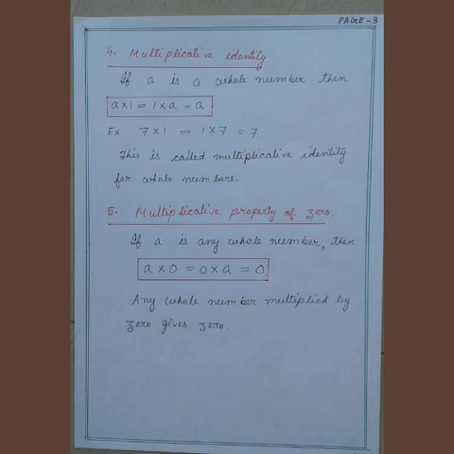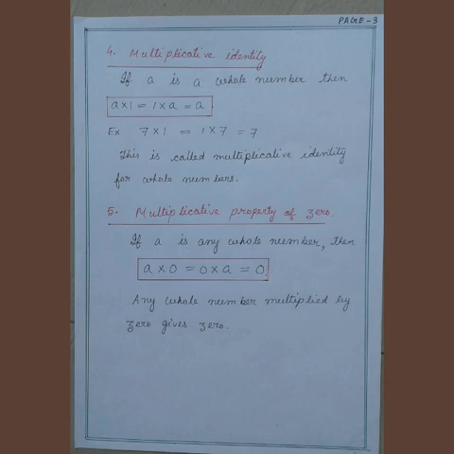Property number 4, multiplicative identity. If A is a whole number, then A into 1 equal to 1 into A equal to A. That is, if we multiply a whole number by 1, the result is the whole number itself. 7 into 1 equal to 1 into 7, which is 7.